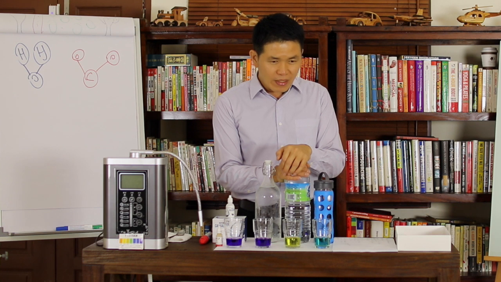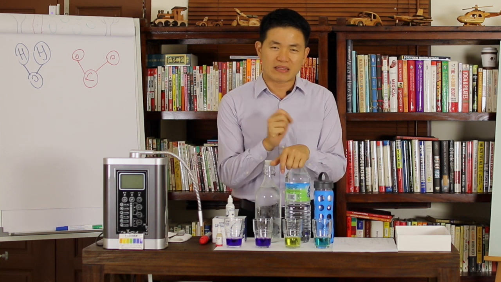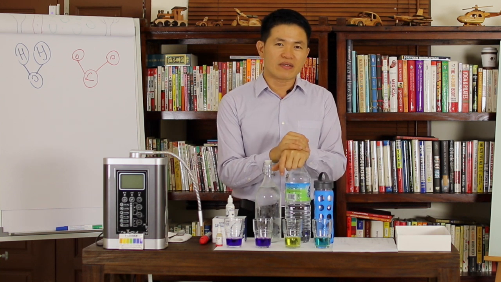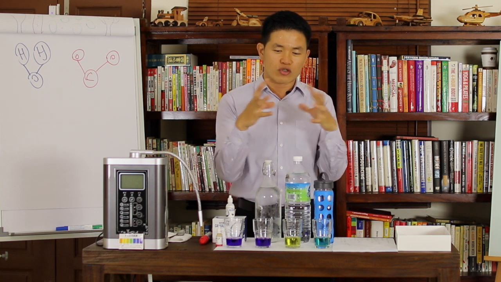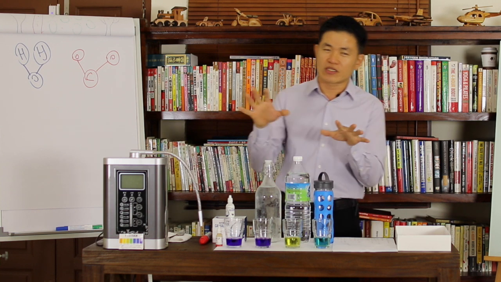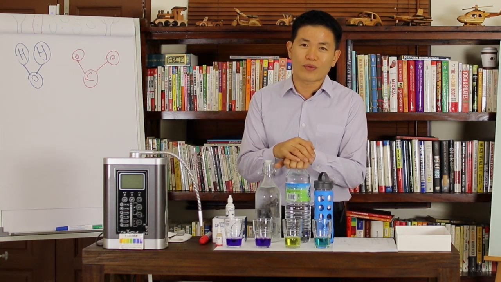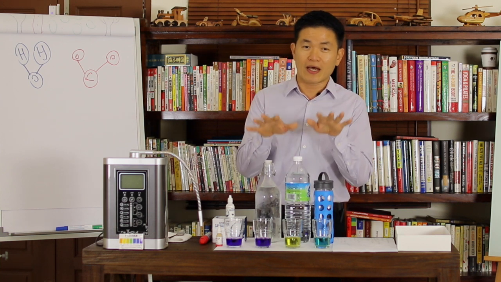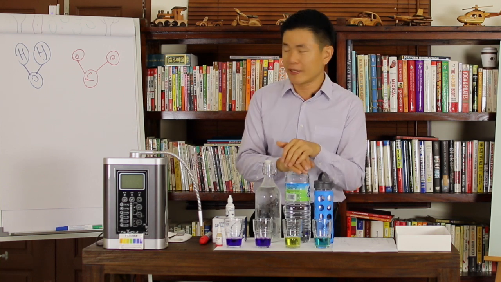So without a sufficient amount of minerals, your nerves cannot function well, your muscles cannot function well, because minerals in the body are called electrolytes. It's the electrolytes that control the charges in your body, the balancing of pH, even temperature. So without electrolytes, your body will lose its equilibrium and become chaotic.